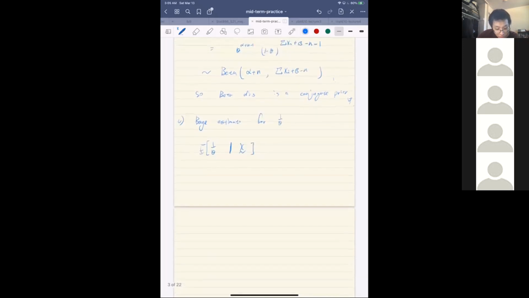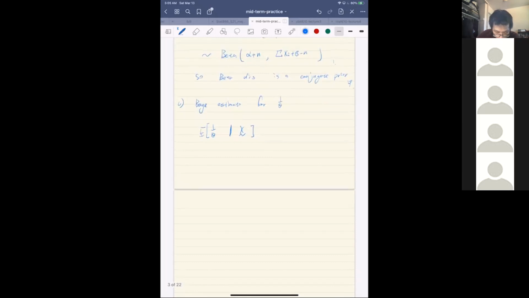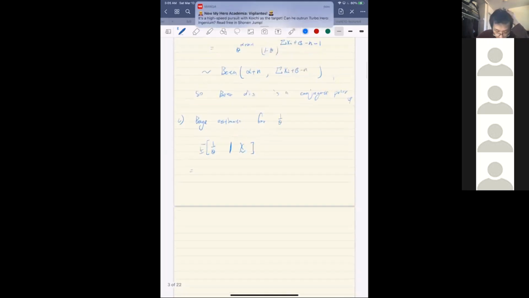So this is the average of the posterior distribution. Okay. So this is a beta distribution. So you want to find the inverse mode of the beta distribution. And this is the same as what we did in question 1.